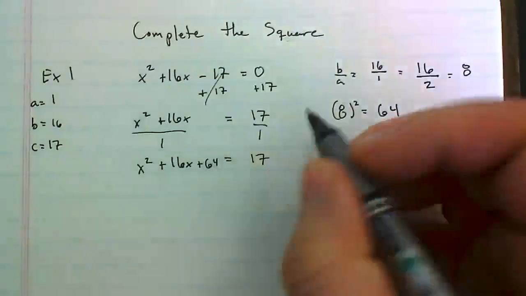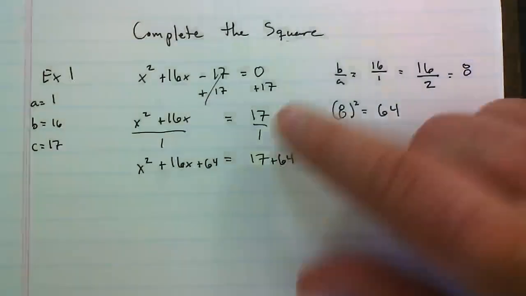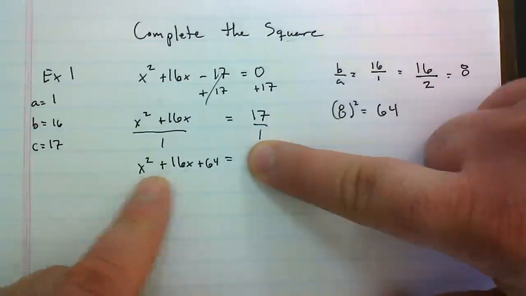Now that I've got half of B divided by A, I need to square that. So 8 squared is 64. And this number is what you add to both sides.